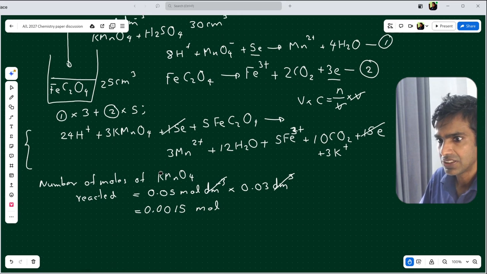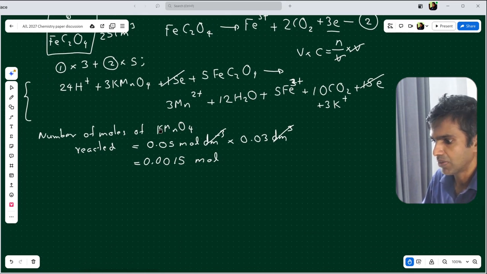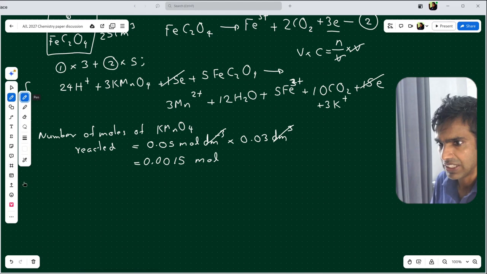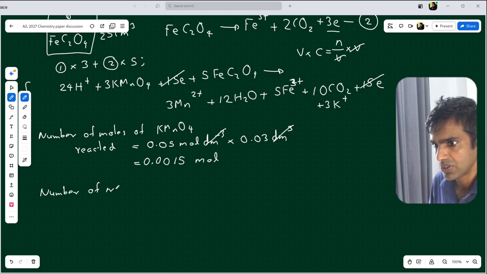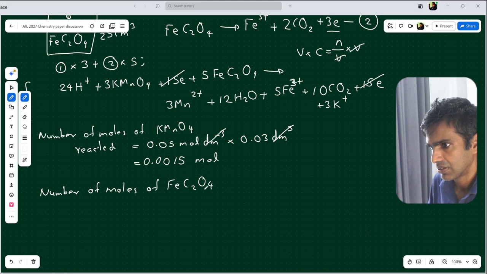Using that relationship, we can calculate number of moles of ferrous oxalate reacted.